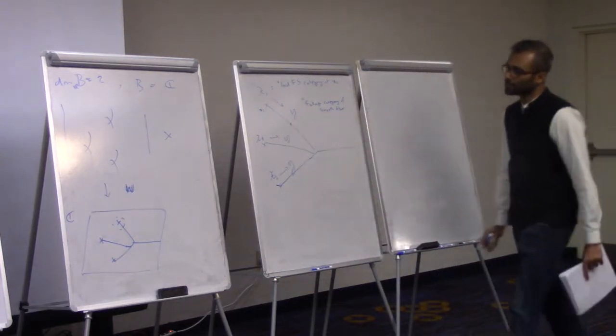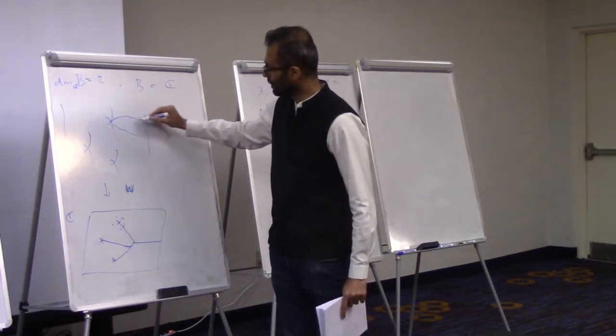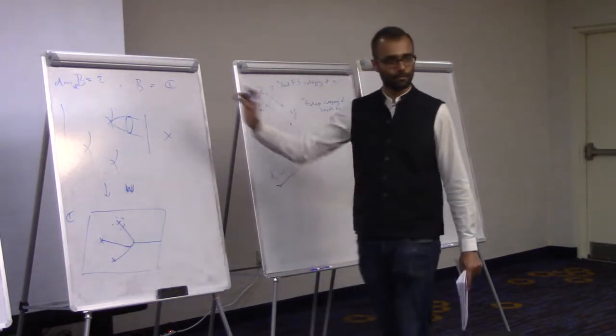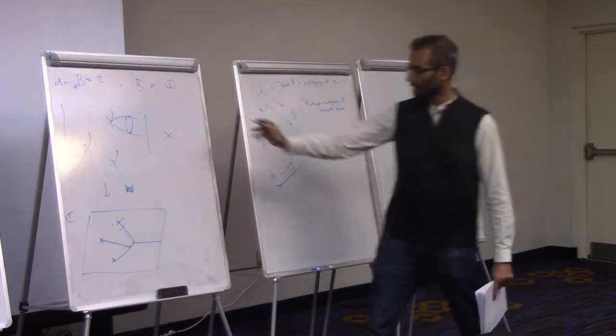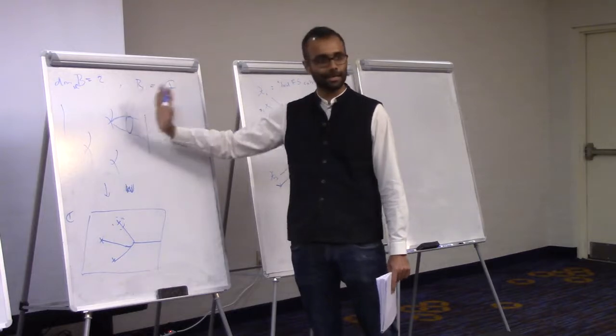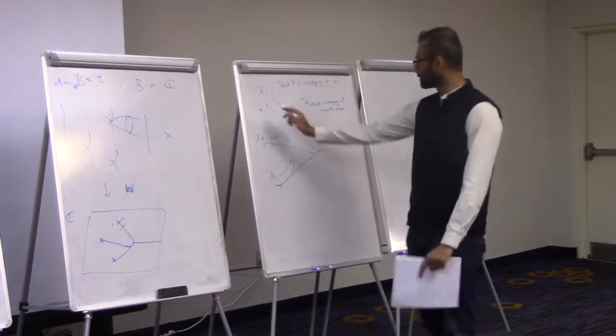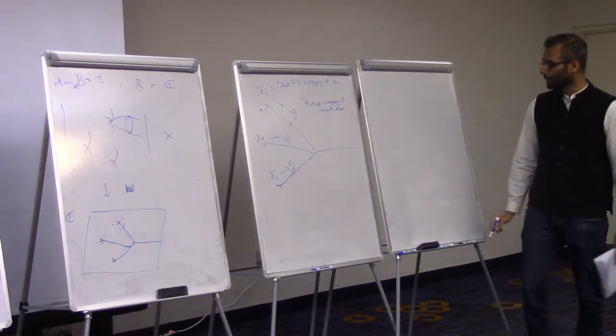These functors are basically, if I imagine an object here to be some sort of Lagrangian that vanishes at this point in this fiber, then I'm just slicing that by taking the fiber over some point. That gives me an object in the Fukaya category of the fiber, and that gives me a functor from X_i to Y.